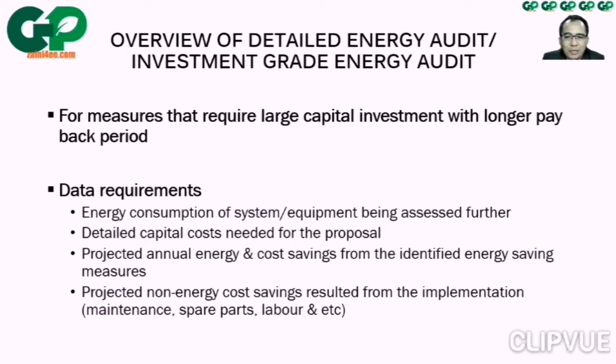Then, what would be the projected annual cost savings from the identified measures? One of the key outputs from the audit is that they identify the energy saving potential, so for every energy saving measure they must have projections on how much can be saved per year.